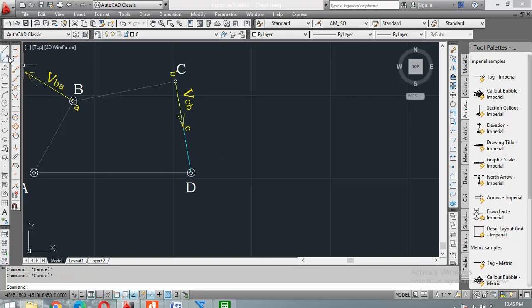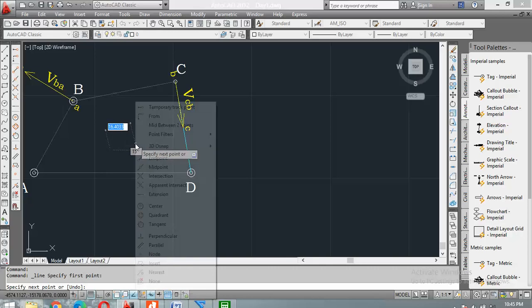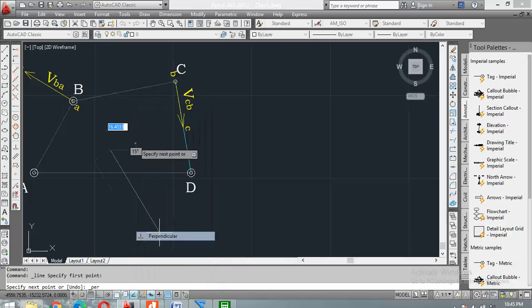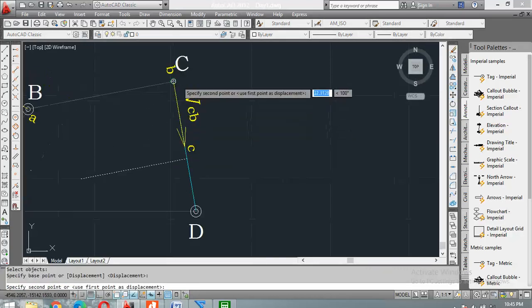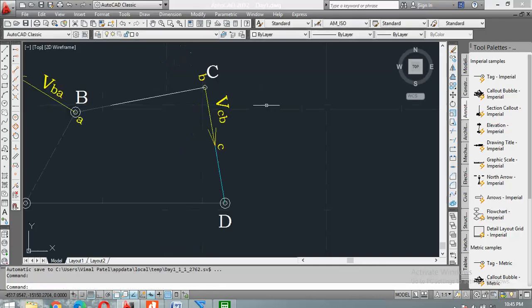Okay. Chalo, so let us draw one line which should be perpendicular to CD link. Okay. And this velocity vector should indicate velocity of point number C, because we are finding velocity of C with reference to D. So I have to draw this vector from point number C. Okay.